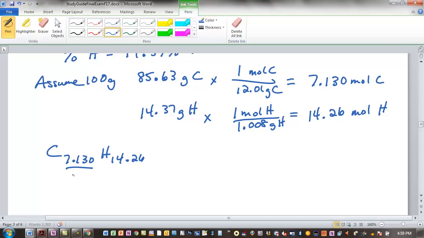Divide by the smallest. And I believe this should come out, since I just did the calculation, to CH2. Questions on that? So that would be the empirical formula.